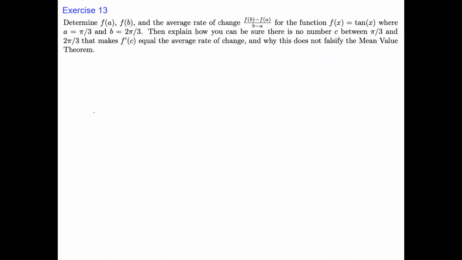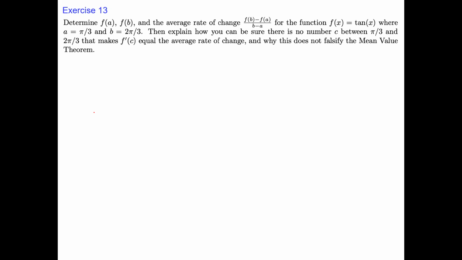And I have one more. Let's do it really quickly. I know that the session is really long, but as I said, you may watch this, you may pause and just look at the question. Determine f of a and f of b, and the average rate of change, f of b minus f of a over b minus a, for the function tangent of x, where a is pi over 3 and b is 2 pi over 3.